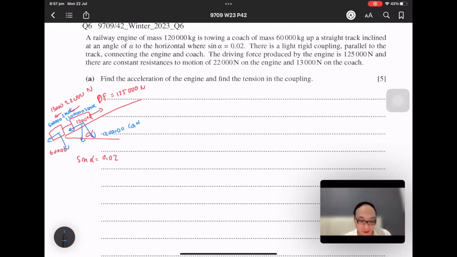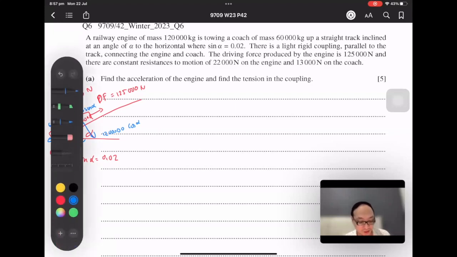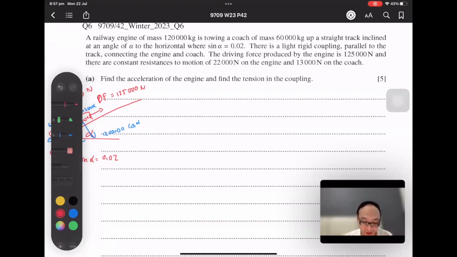Okay, and then we can find the resultant forces.